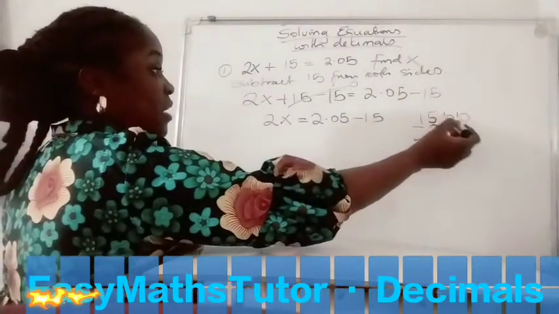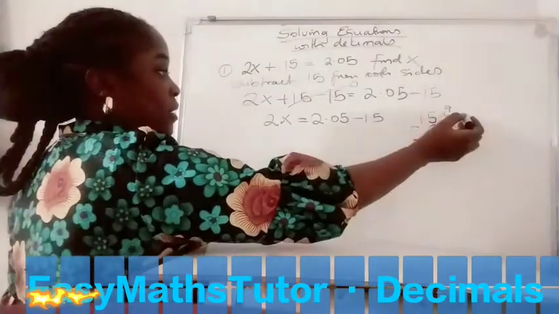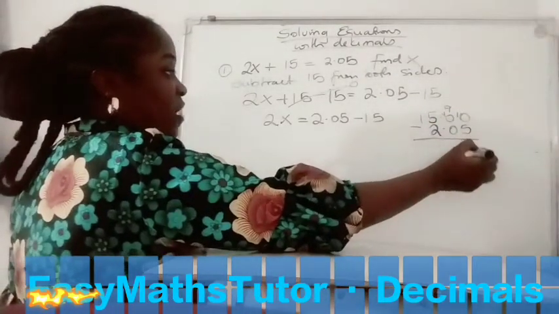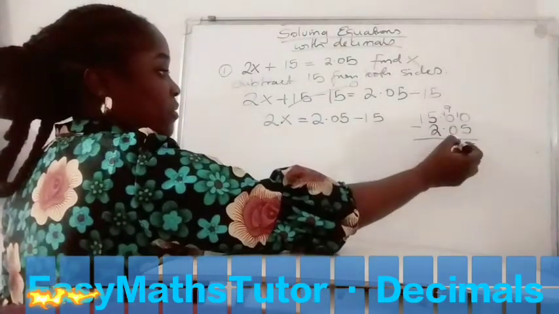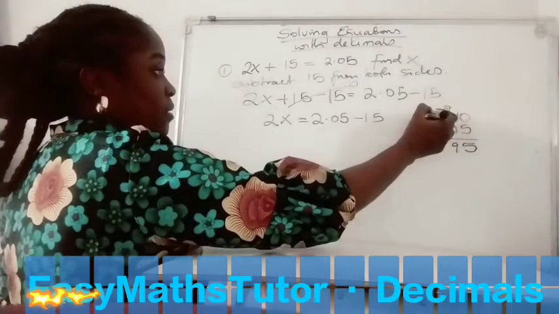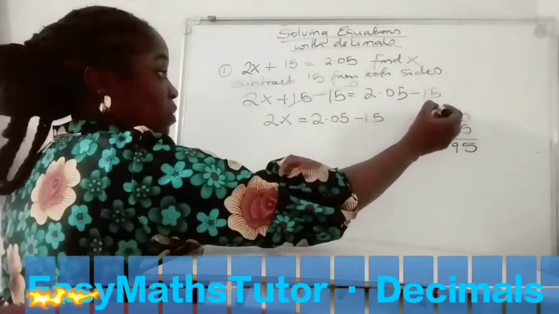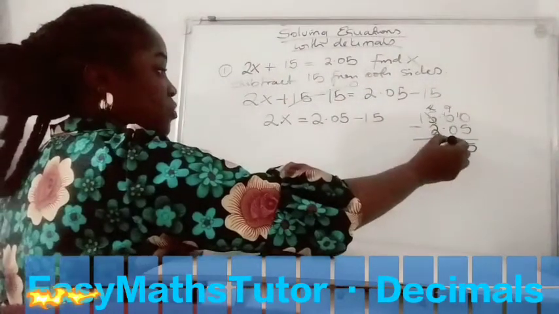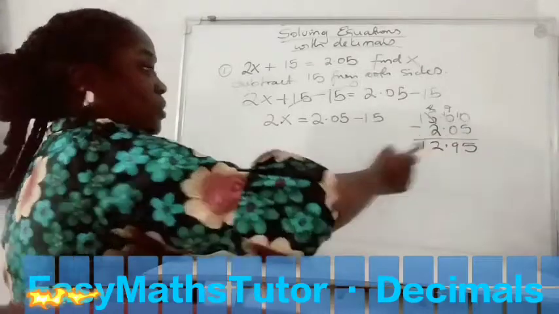So if we borrow from 10, it will remain 9. And here will become 10. So 10 minus 5 will give us 5. 9 minus 0 will give us 9. Remember, this was remainder 4. So 4 minus 2 will give us 2 and 1.